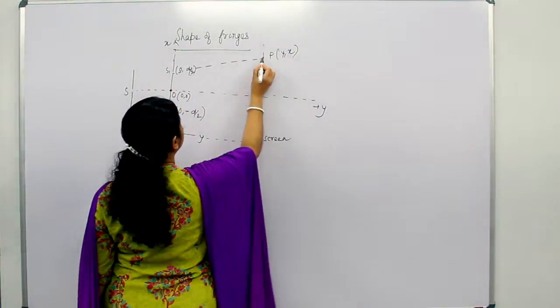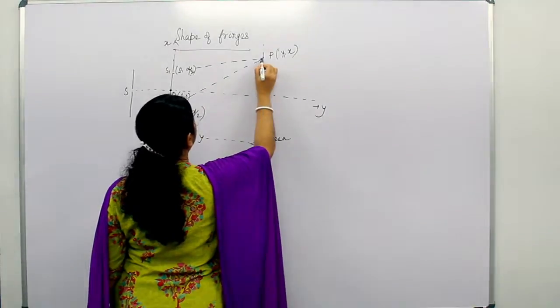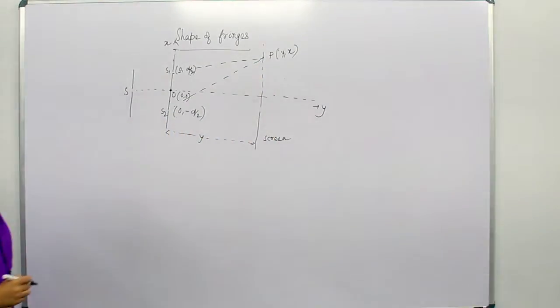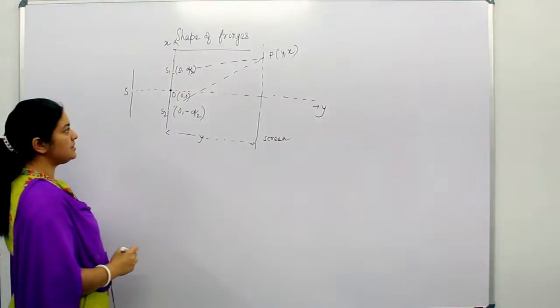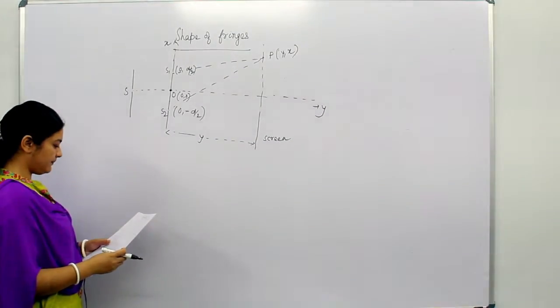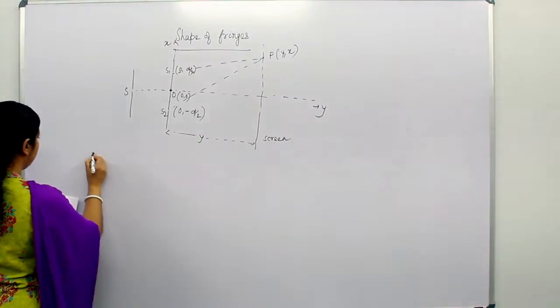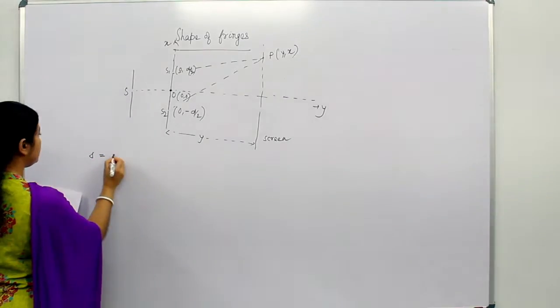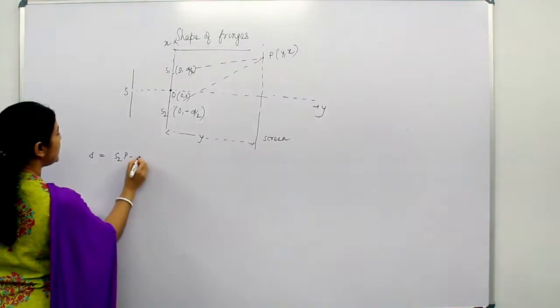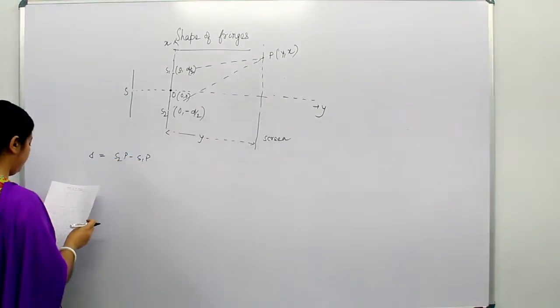Two waves from here again superpose and produce an interference pattern. Again we will find out the path difference. Here the path difference is equal to S2P minus S1P.